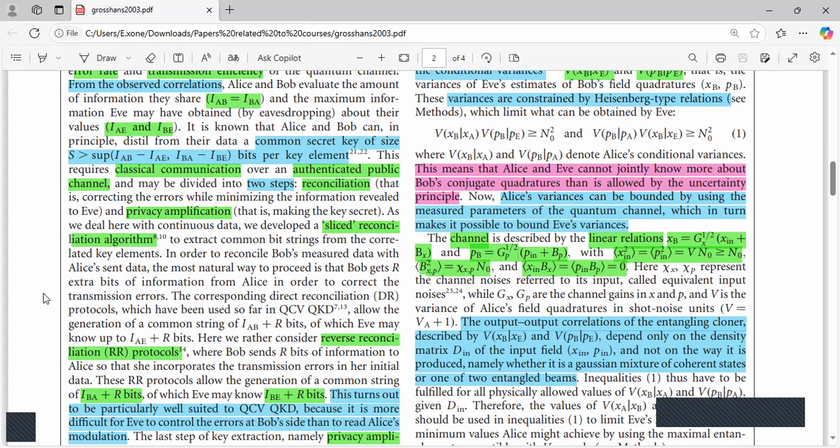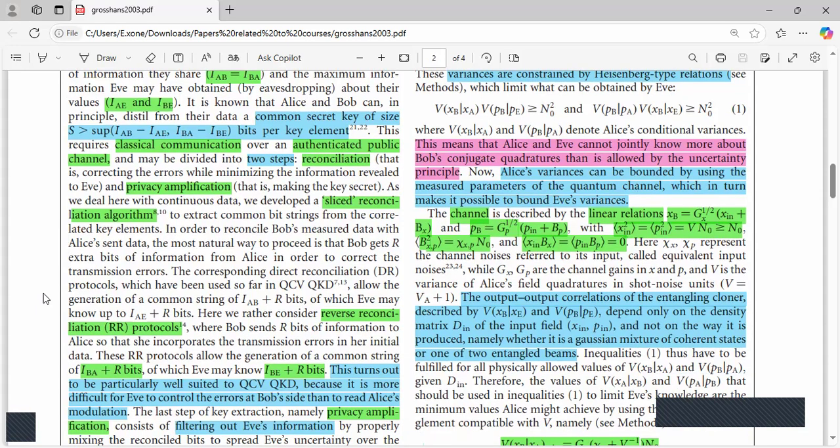That is the reconciliation step, in which Alice and Bob estimate the errors and the transmission of their quantum channel, and after that they use privacy amplification in order to eliminate Eve's stolen information and to maximize the entropy of the secret key, as it should be completely random, and Eve should not have any part of the secret key.